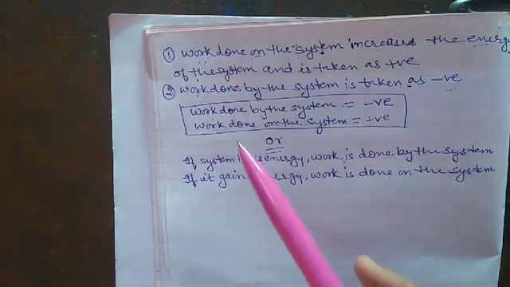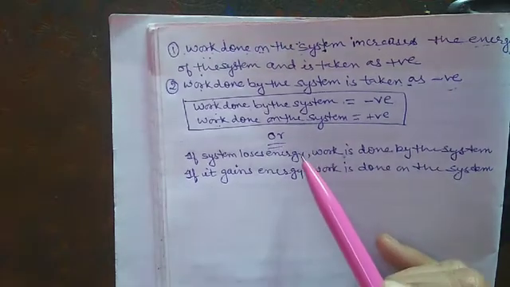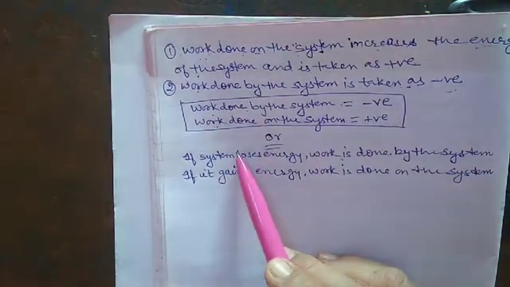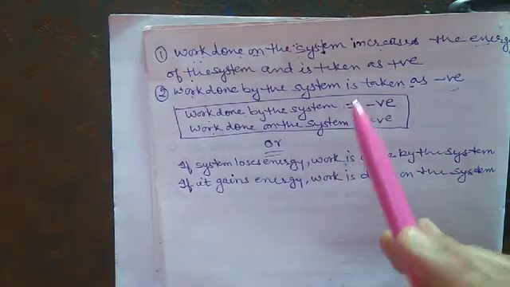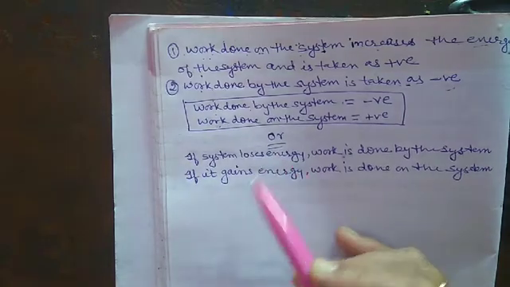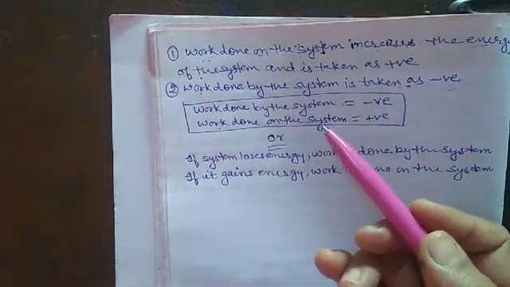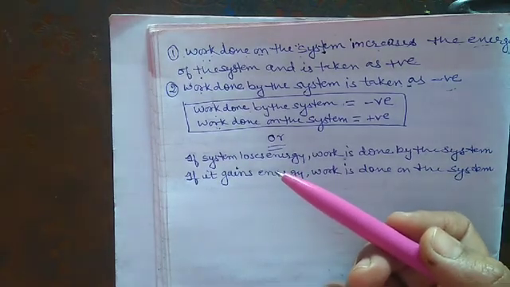So basically work is the mode of transfer of energy between the system and the surrounding. We know what a system is: the part of the universe which is under observation is called the system, and the part outside the system, or the remaining part of the universe, is called the surrounding.